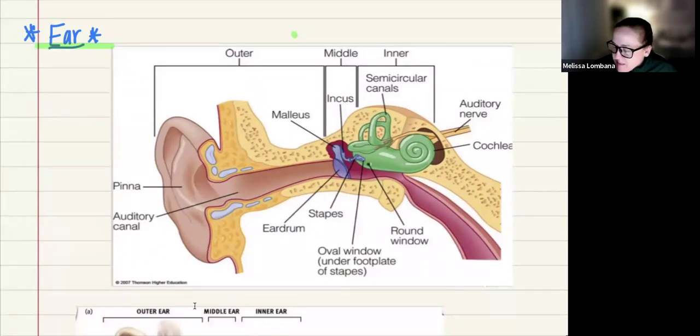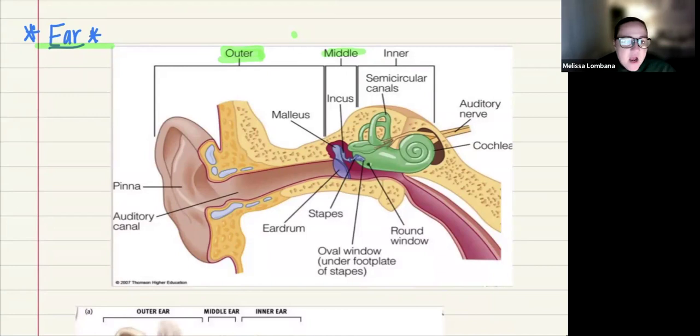So this is basically the outer ear. The outer ear channels these waves into our auditory canal. The sound waves come in here and then hit the middle ear, where we have the eardrum.